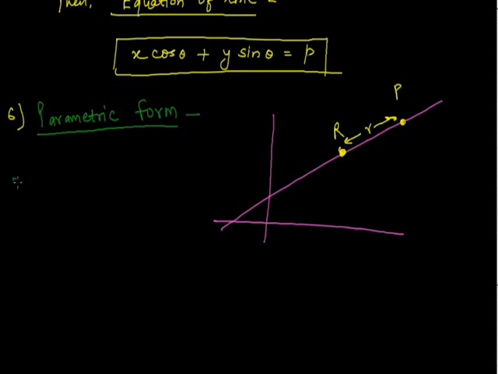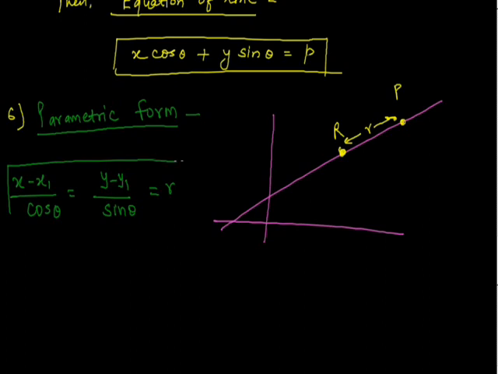So the equation in this form is given as (x minus x1) by cos theta equals (y minus y1) by sin theta equals r. The coordinates of any general point x and y can be found by using this form.